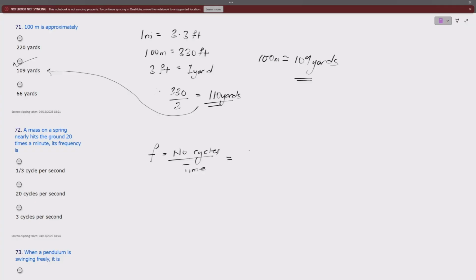So we have 20 over 60. So it's 1 minute, that's 60 seconds. That would be 1 over 3 cycle per second.